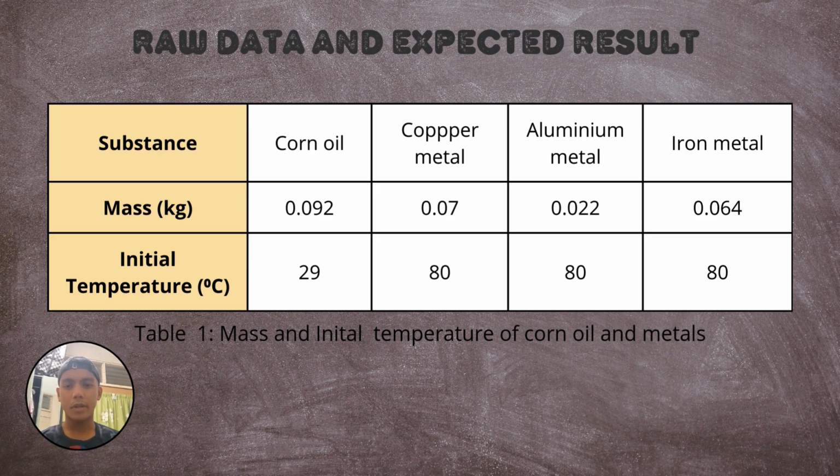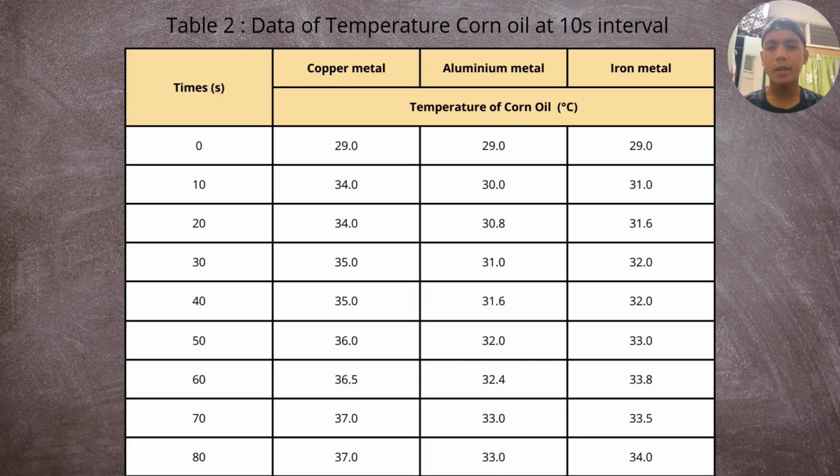This is table 1, which are mass and initial temperature of corn oil and metals. So for the mass of corn oil is, and then we have table 2, which is the data of temperature of corn oil at 10-second intervals.